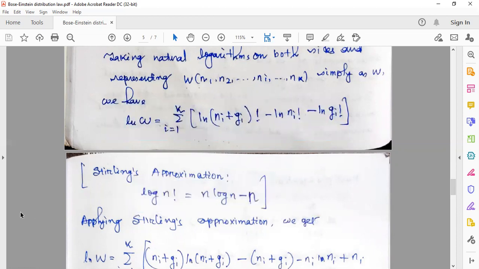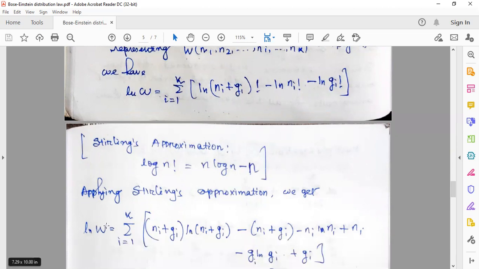So logarithm of W is equal to the summation from i equal to 1 to k. Then this quantity is a factorial. How can you write this quantity as per Stirling's approximation?